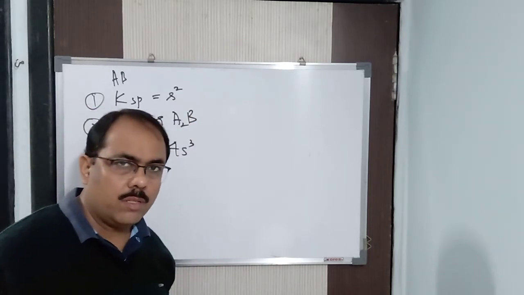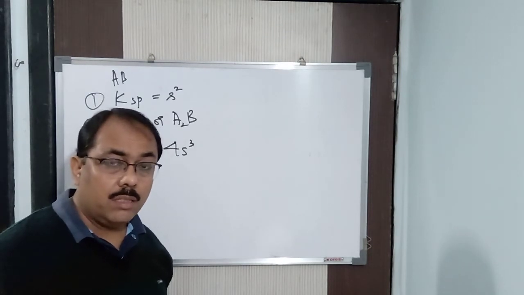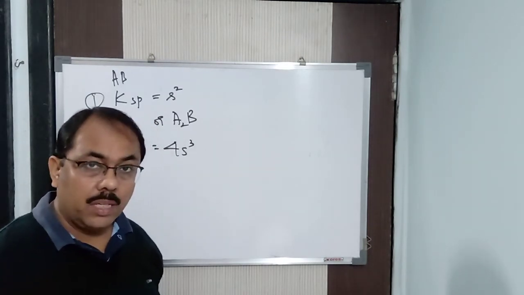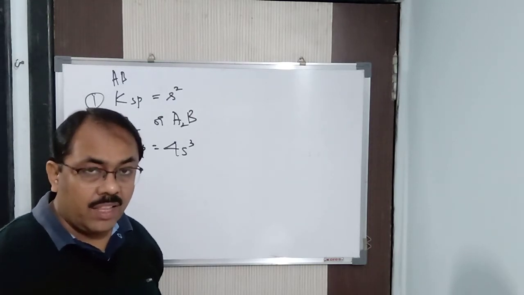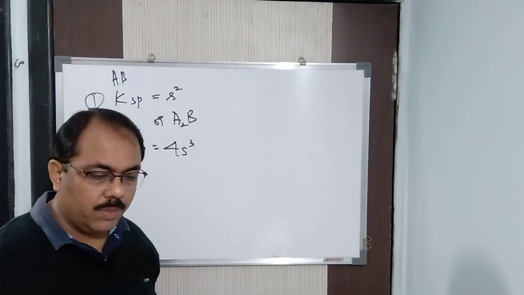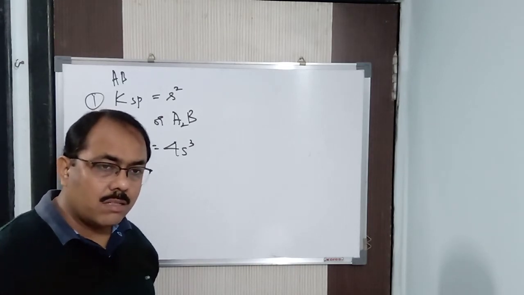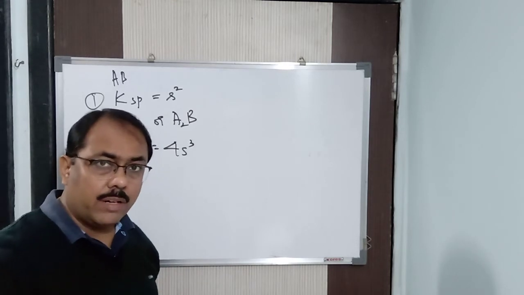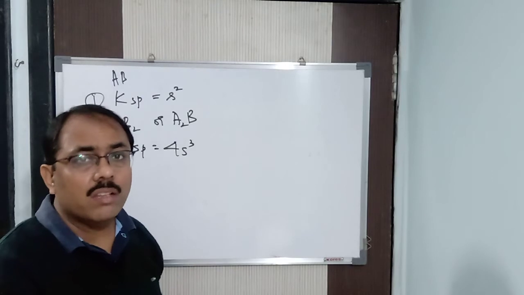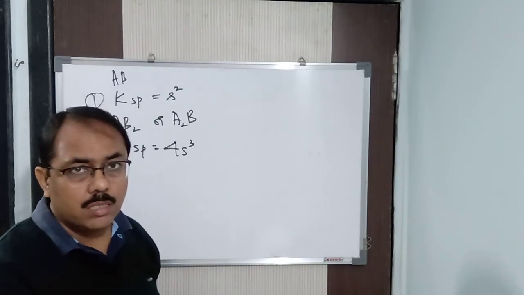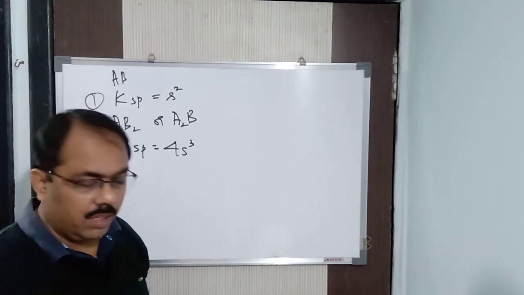Already from the beginning of the chapter I have said that I am talking about weak electrolytes. A salt which is completely soluble has the equilibrium favoring the forward direction, only ions are there, the undissolved salt is very little, and the degree of dissociation is almost 100%.